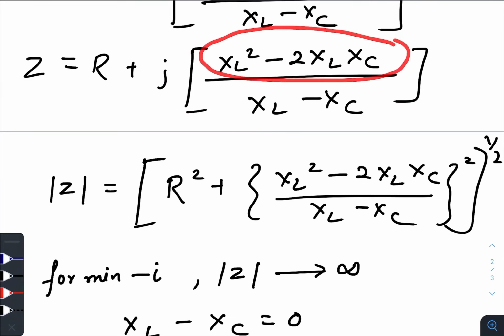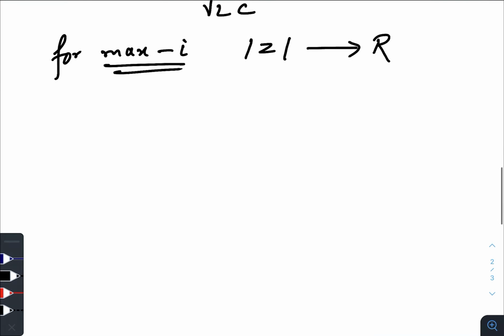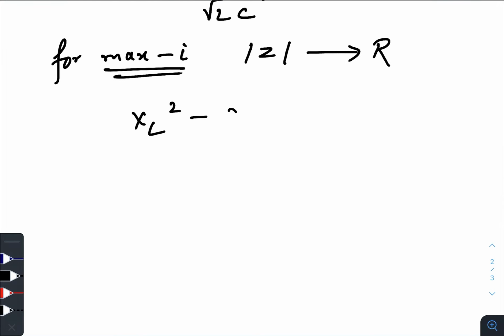That means the numerator will become 0. The numerator is XL squared minus 2 XL times XC, so XL squared minus 2 XL XC will become 0 for some given frequency.